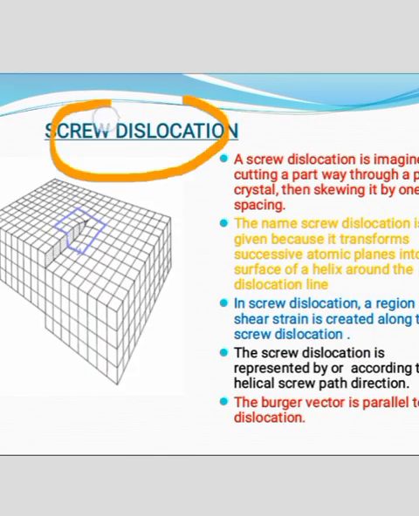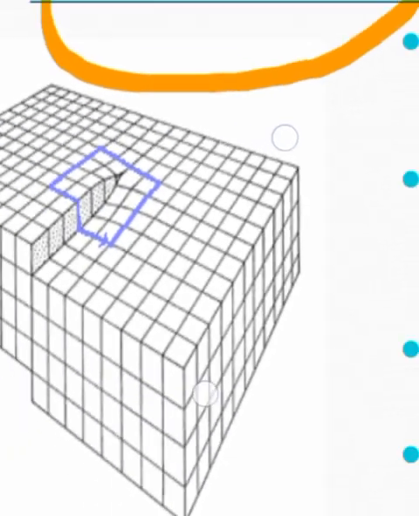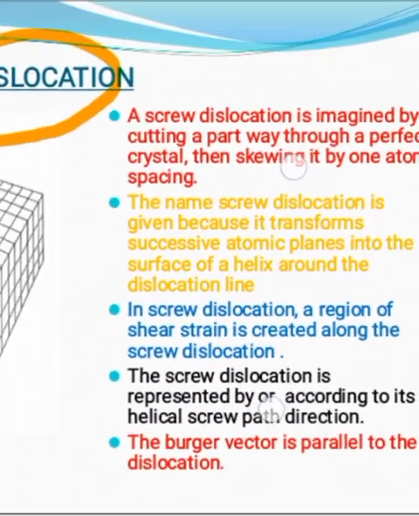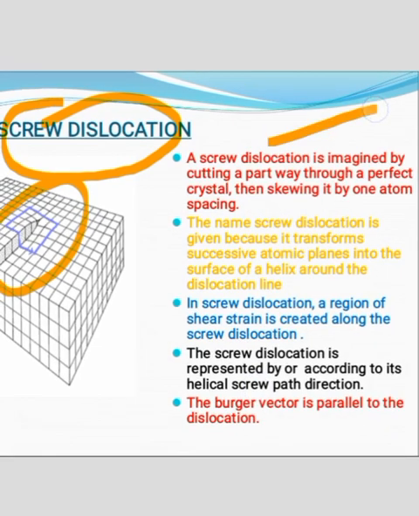Next, screw dislocation. First you see the figure. You see the area, screw dislocation. Screw dislocation is imagined by cutting part way through a perfect crystal, then skewing it by one atom spacing.